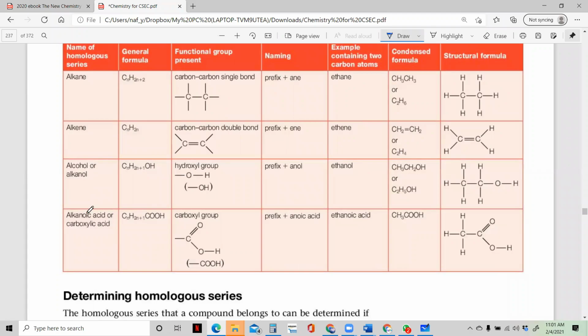All right. And we're going to look at acids. So they call them alkanoic or carboxylic acids. So these are the big family groups: alkane, alkene, alcohols or alkanol, acids, alkanoic acid or carboxylic acid. So whenever you hear them speak about carboxylic acid or alkanoic acid, they're speaking about organic acids, all right?